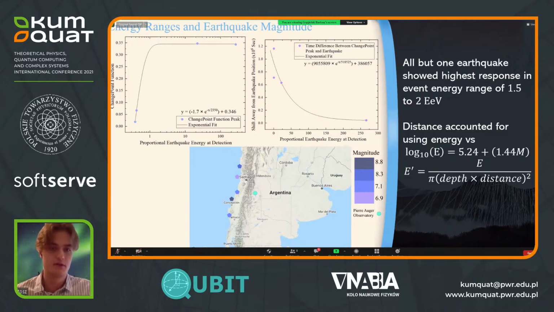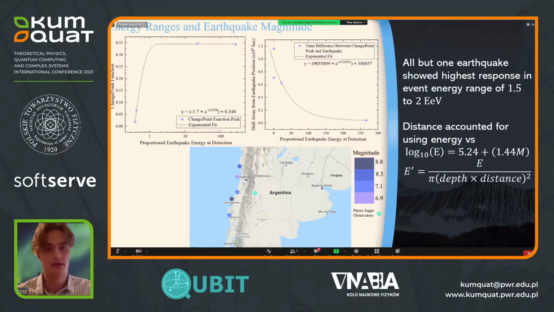It seems to make sense, right, that near the detector, the earthquakes have fewer other impacts, so the correlation could be visible more clearly there.